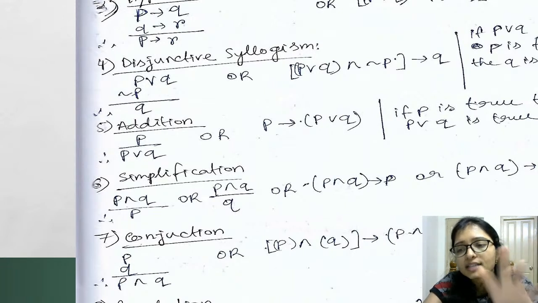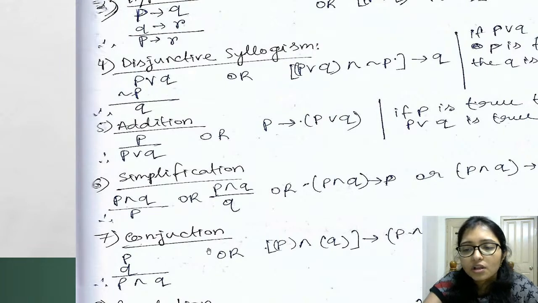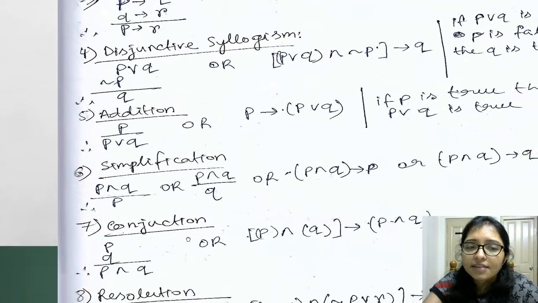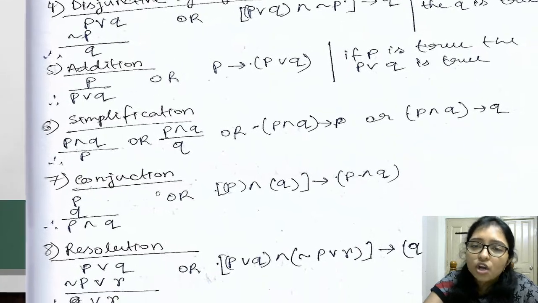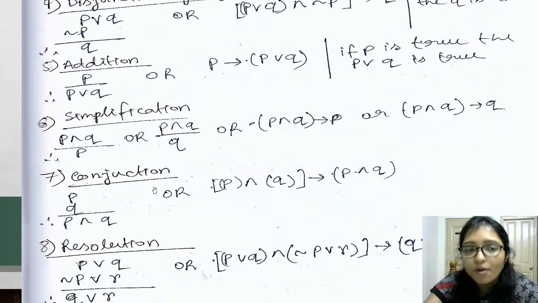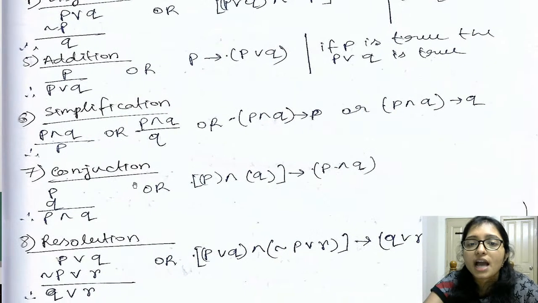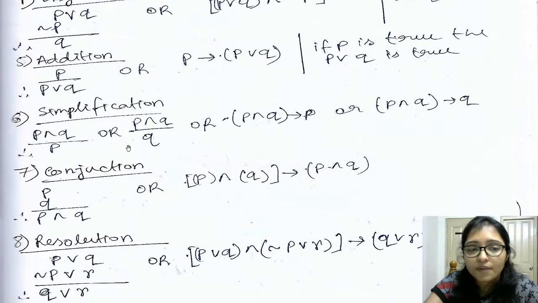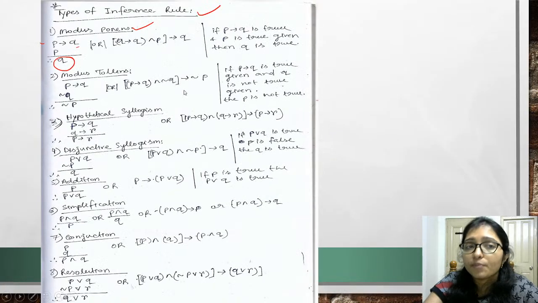Yesterday we discussed everything. That is only the formula, this is the name of the formula. Whatever we discussed yesterday about how to prove, now you understand how to prove. This is the formula of resolution. Okay, try to prove it at home. It is very easy to prove after yesterday's class. These are the names.